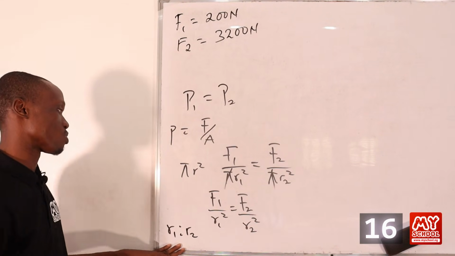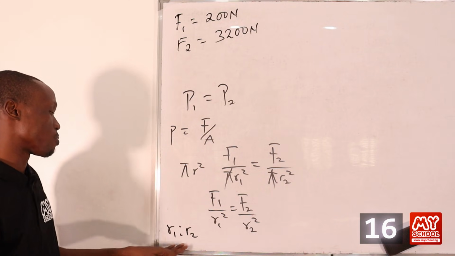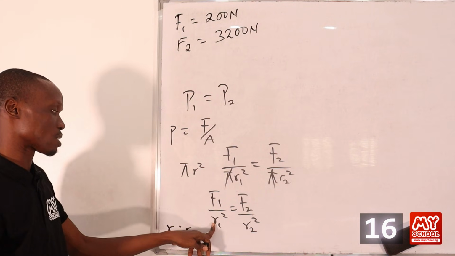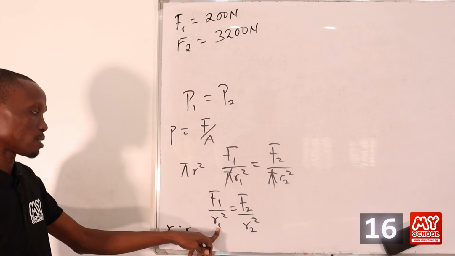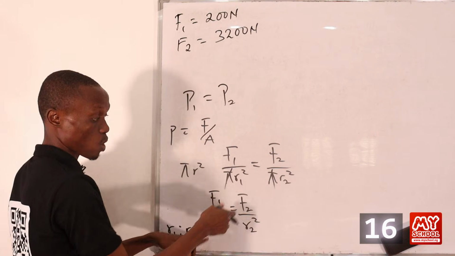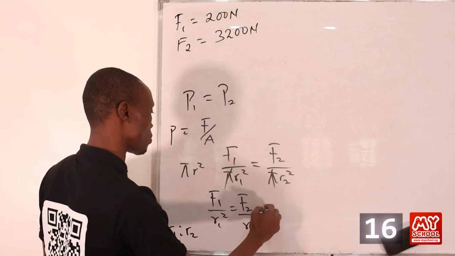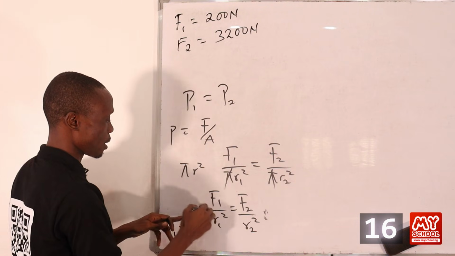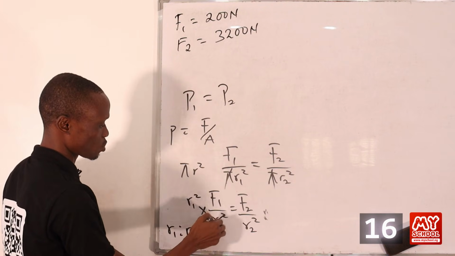Since we are looking for r1 ratio r2, we just make it the subject of the formula. In order to do that, we have to multiply both sides by r1 squared, so that this cancels out this.